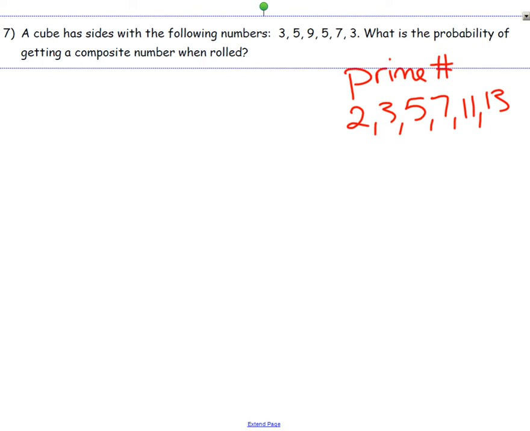Don't try that. So which of these are prime? 3 is, 5 is, 5, 7, and 3. Which means how many are composite? Just 1. So what is the probability of getting that? It's 1 out of 6. And that's it. That's all there is to it.